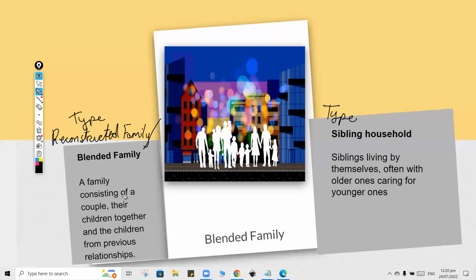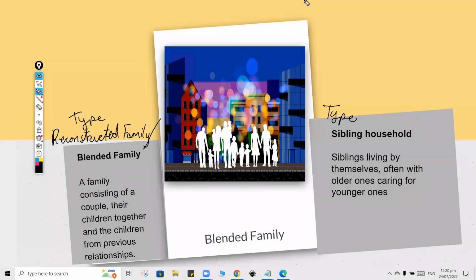And then we have sibling household. So siblings who live by themselves, the parents are not there for various reasons, which we could talk about just now. And a lot of times it's the older ones caring for the younger ones, and then that is also a type of family, right? So to be clear, there are two types of families on this slide.